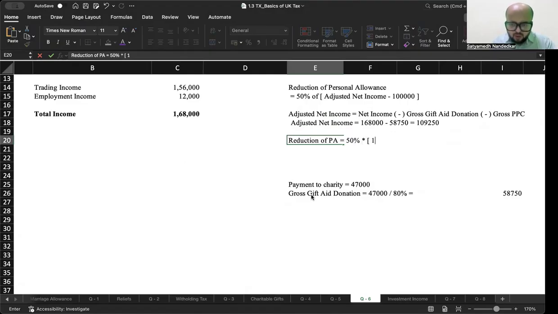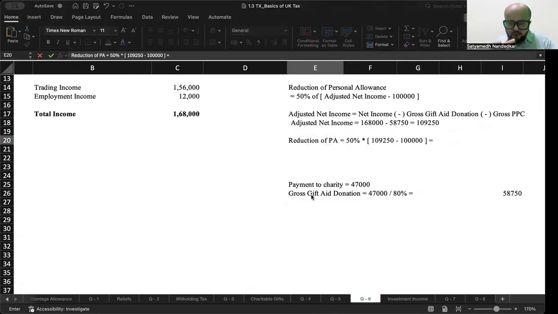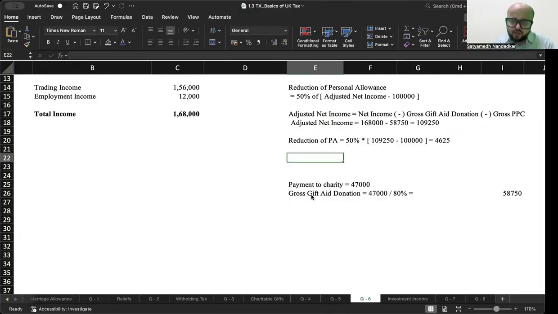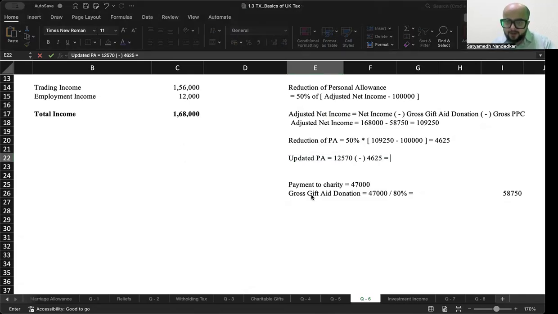So reduction of PA is 50% into 1,09,250 minus 1 lakh. What is that? That number is 4625. Okay. Your PA will be reduced by 4625. So what is your updated PA? Updated PA is 12,570 minus 4625. How much is that? That's 7,945.